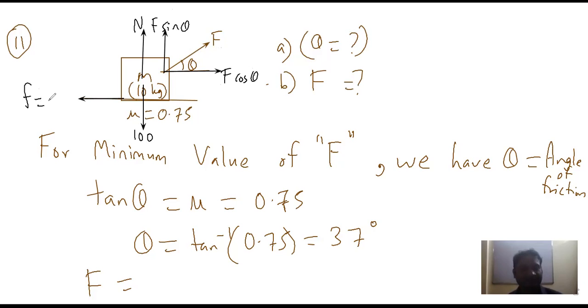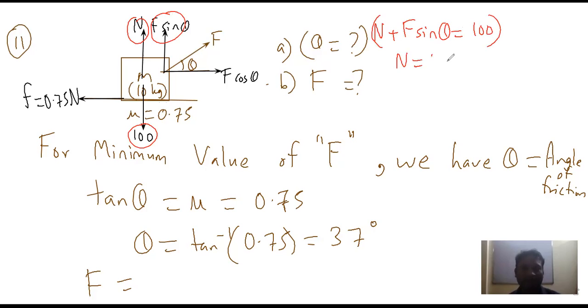In this case, if there is relative motion, this will be kinetic friction, which is mu k into N, 0.75 into N. Now by vertical force balance, let us consider the vertical forces. These are the vertical forces. So F sin theta plus N equals 100.